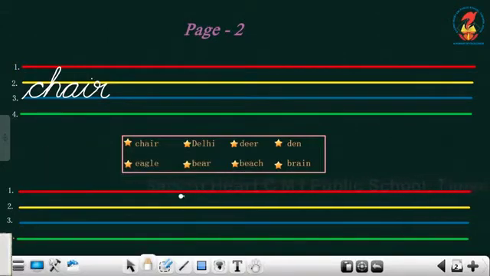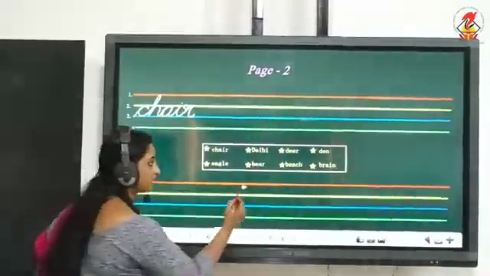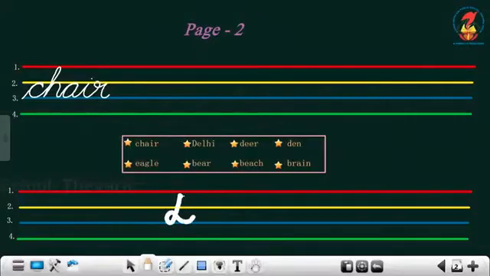See, it is from this portion that you have to start writing the capital letter D and it shouldn't touch the 1st line, because as the formation of the capital D is complete, it will touch the 1st line. So the starting line shouldn't touch the 1st line. Just below the line you can start the formation of D.